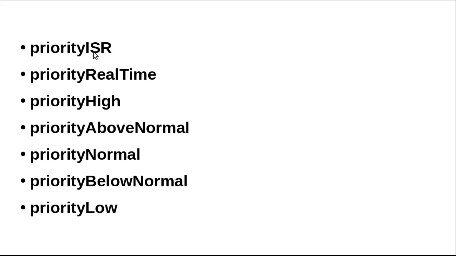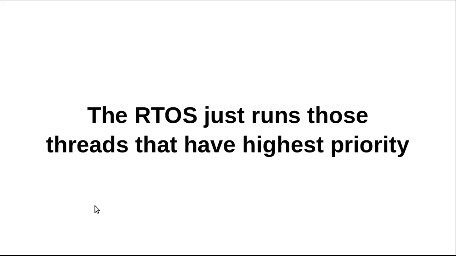Priority ISR is the highest priority level, and priority low is the lowest. The RTOS just runs those threads that have higher priority than others. Let's see an example.